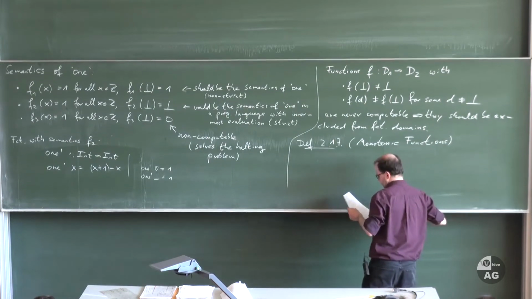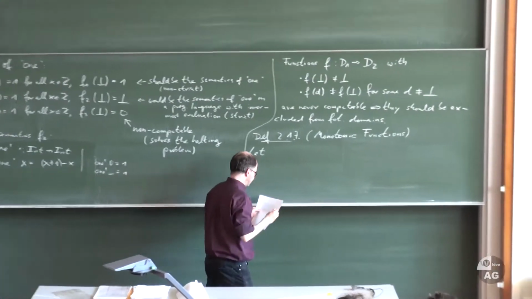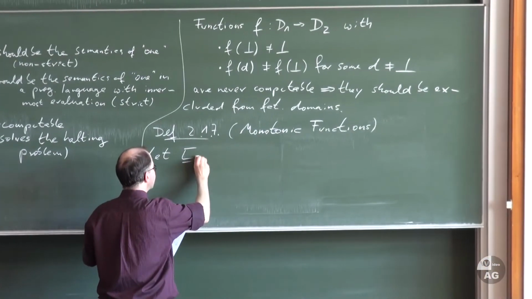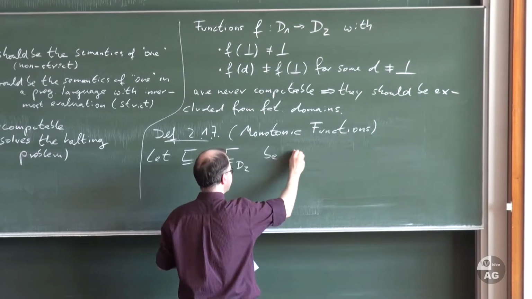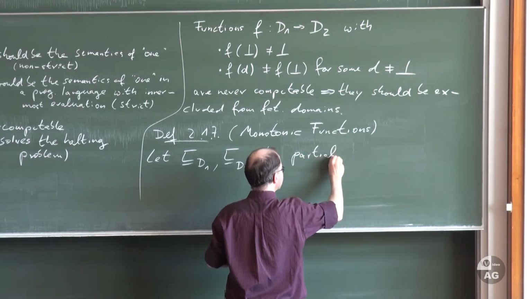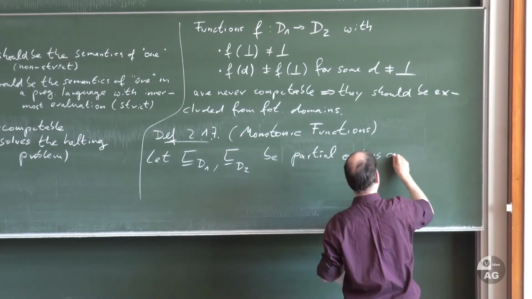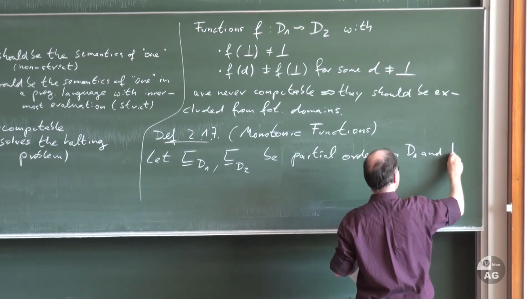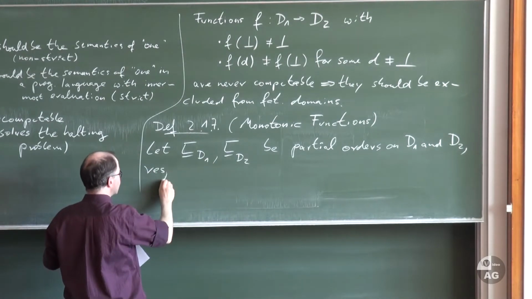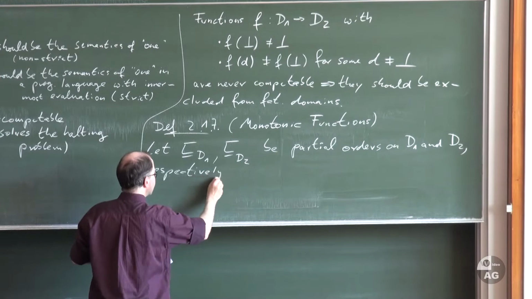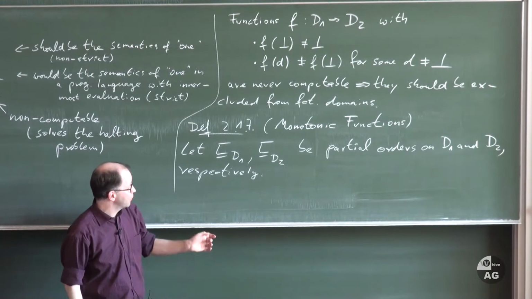Monotonic functions. So suppose we have two partial orders, one on D1 and one on D2. Let these be partial orders on D1 and on D2 respectively. Then we say that a function from D1 to D2 is monotonic if it has the following property.